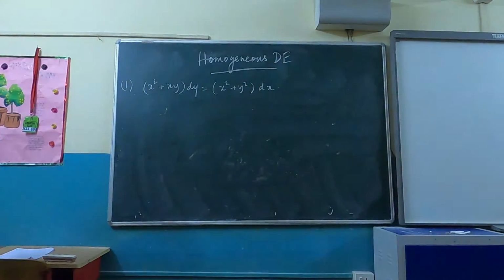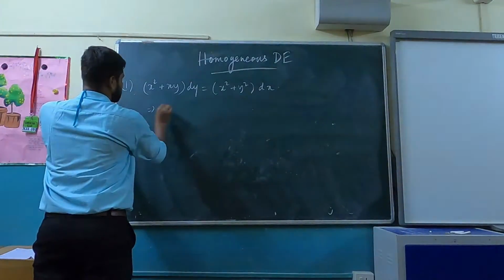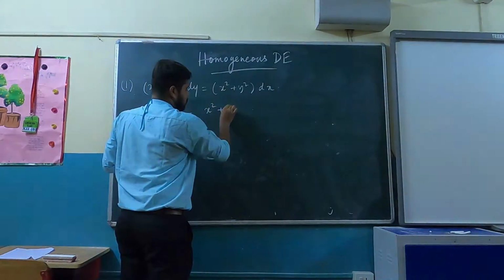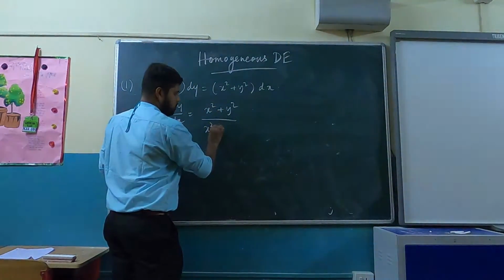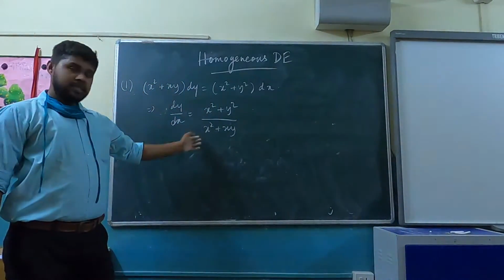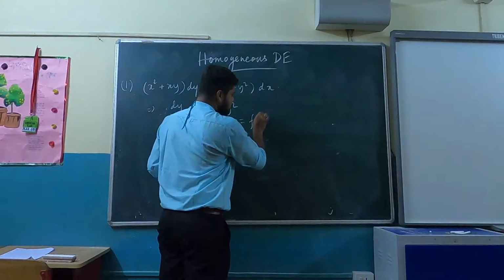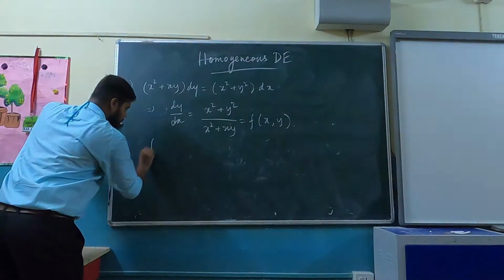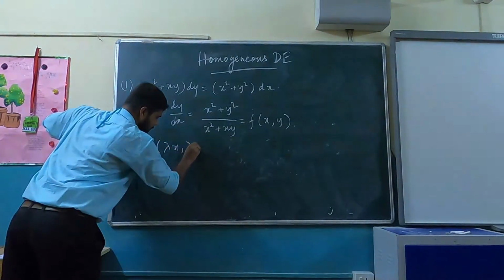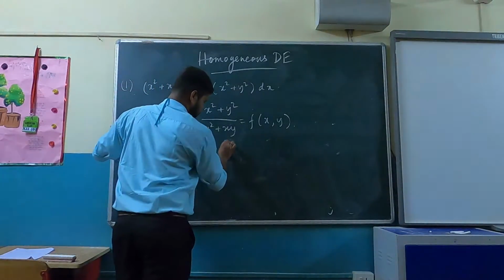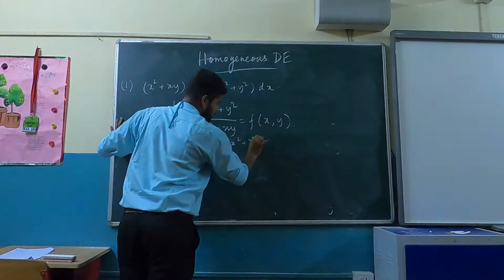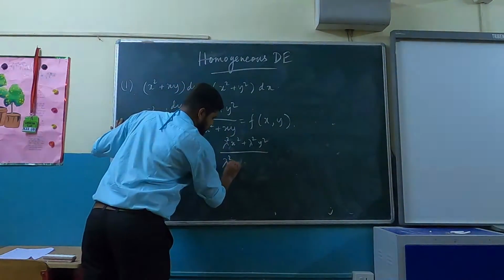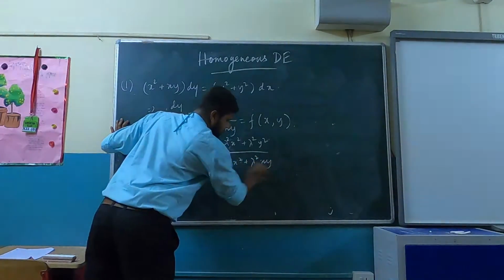Let us take this example. See, this can be called f of x comma y. So now f of lambda x comma lambda y, that is lambda square x square plus lambda square y square by lambda square x square plus lambda square xy.